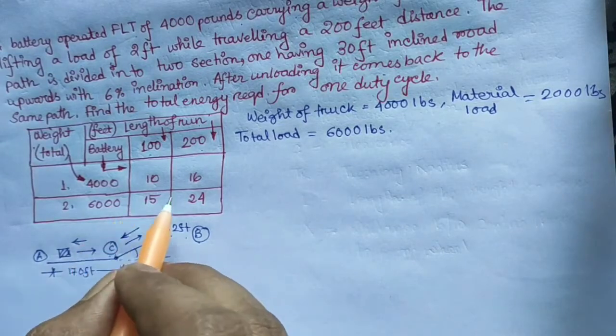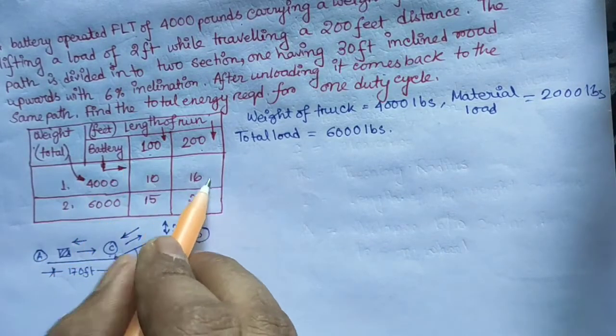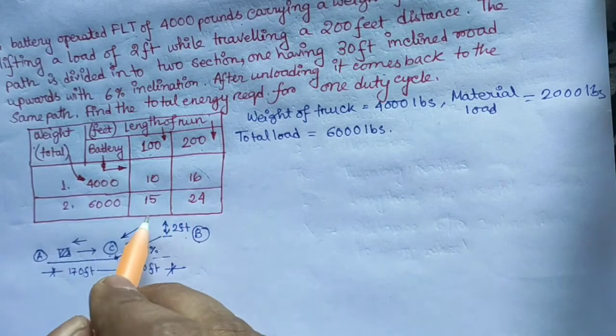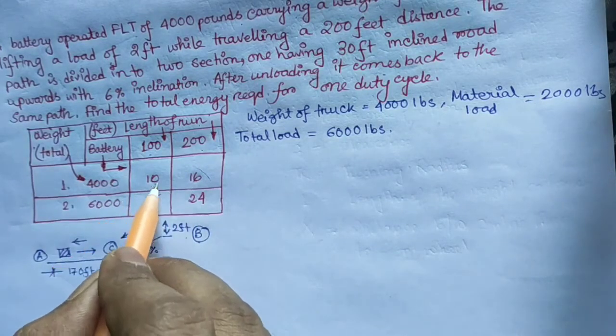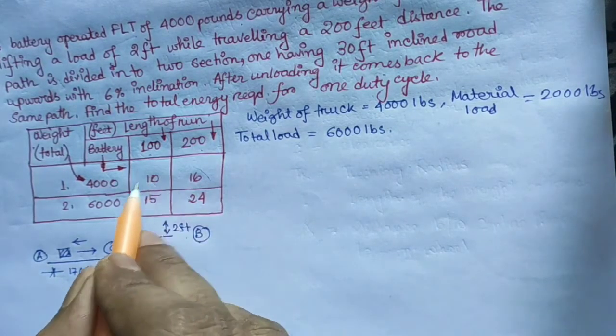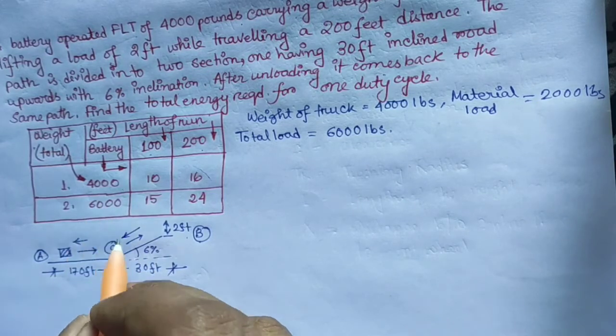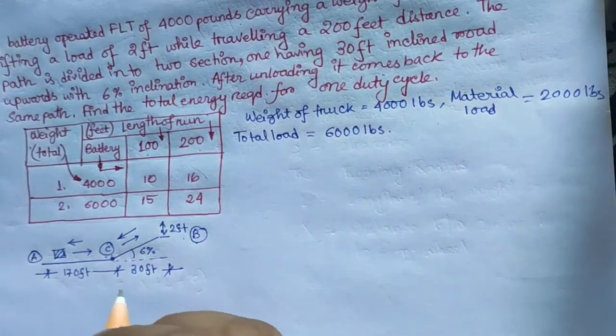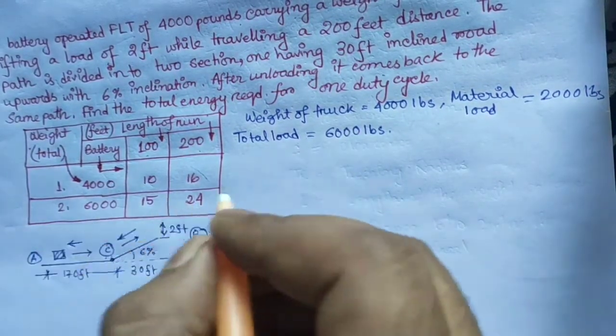Now for horizontal path we can directly get from this chart by interpolation method, we can get what is the watt hour required for this 4000 and 6000. Now why we are doing two times? Now see properly.